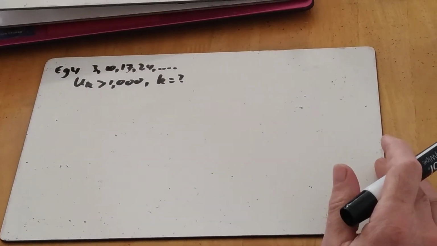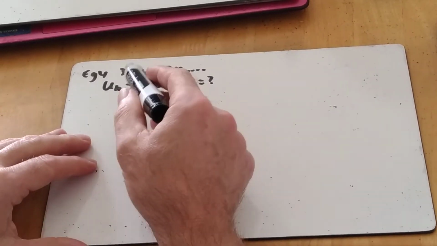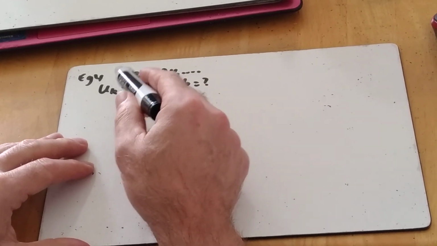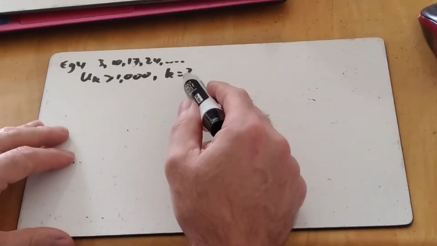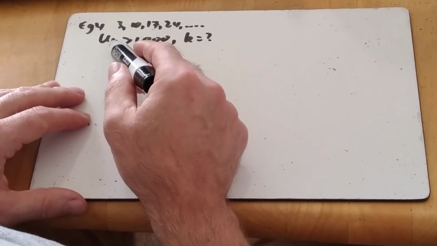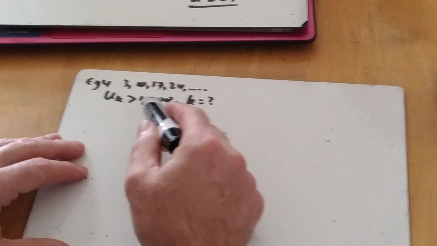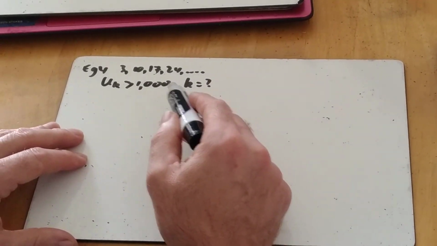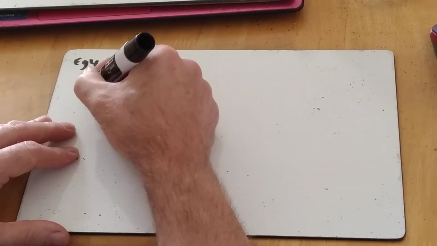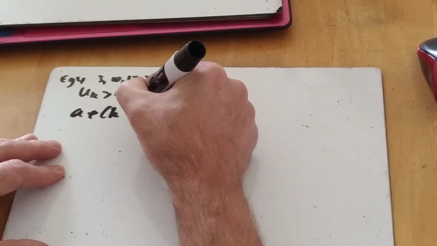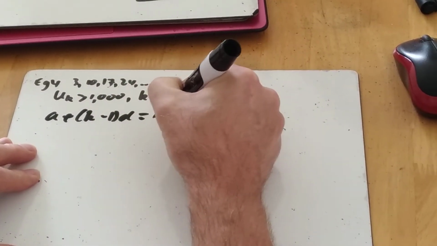Last example, not a great deal to this little part here. I'm given a series 3, 10, 17, 24, so it starts at 3, goes up in 7s, and I want the position of the term so that the term itself goes over 1,000. What position in the series gets me the first one over 1,000? So I'm going to solve A plus (k minus 1)D equals 1,000.